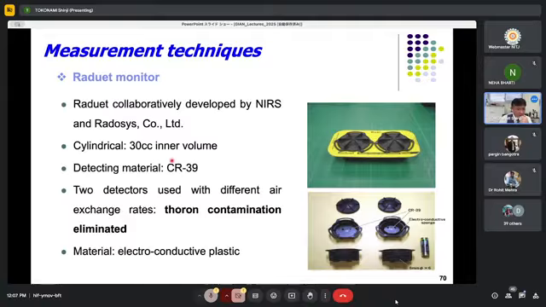We use CR39 as a detecting material. We set 2 detectors with different air exchange rates. Then we can eliminate the toron interference in radon measurements. The body material is electroconductive plastic.